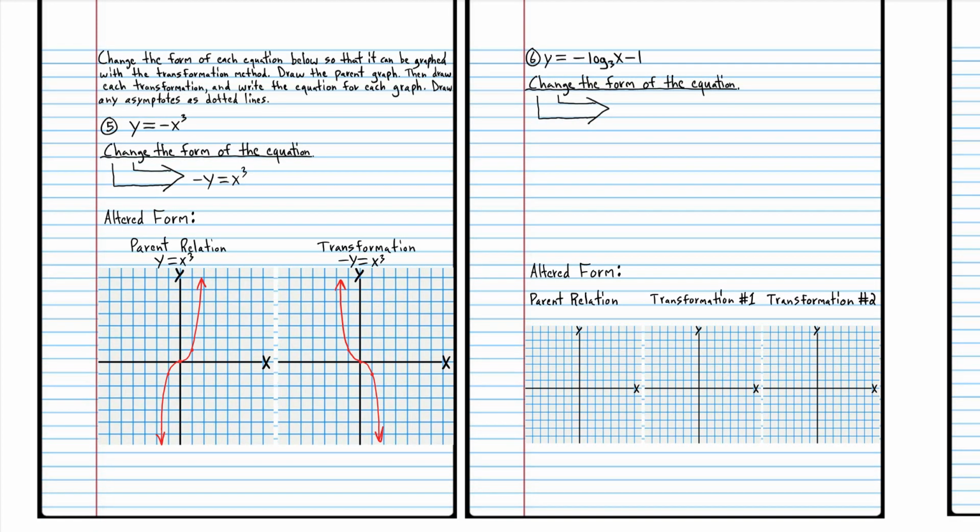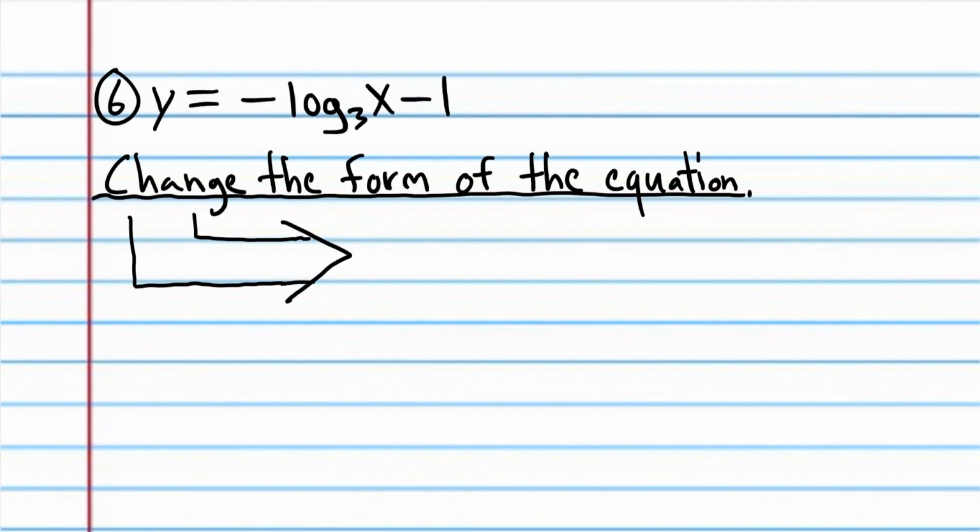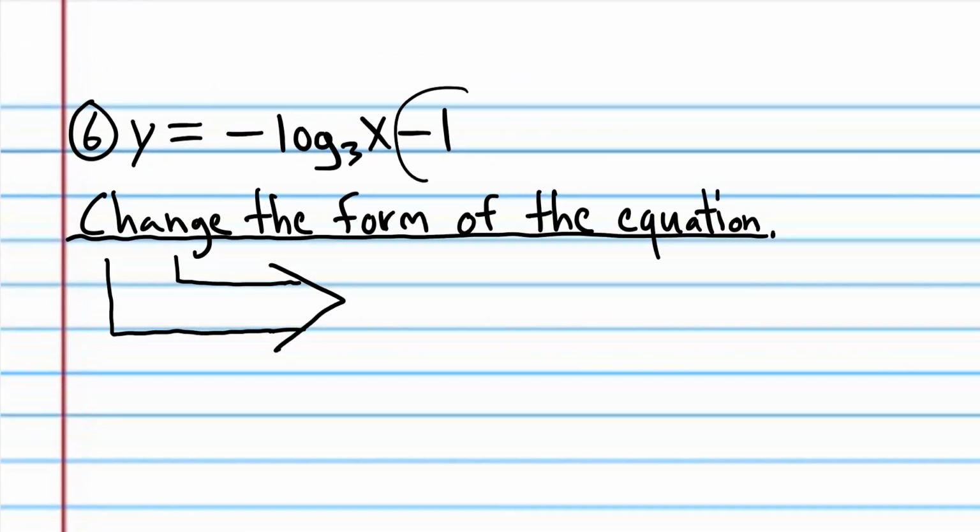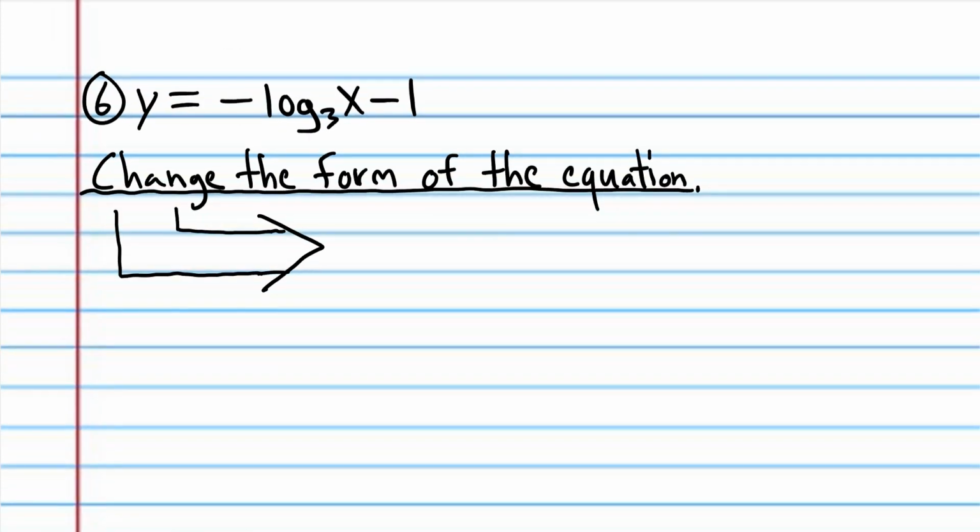All right, we're back. So we're subtracting 1 not from x. We're not subtracting 1 from x. We're subtracting 1 from negative log base 3 of x. And we don't have a negative on the x. We have a negative on log base 3 of x. So we don't know what to do to graph this equation. But if we add 1 to both sides, we get y plus 1 is equal to negative log base 3 of x.